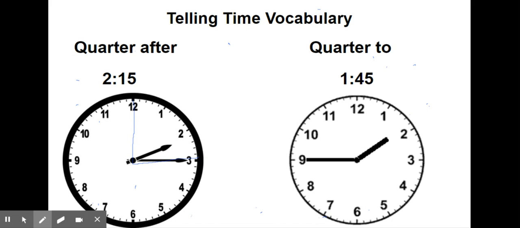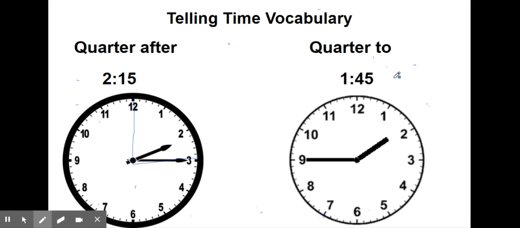A quarter of an hour has passed. So if somebody was looking at this clock, instead of saying it's 2:15, they might say it is a quarter after 2. Practice saying that with me. A quarter after 2. That's the same as 2:15.